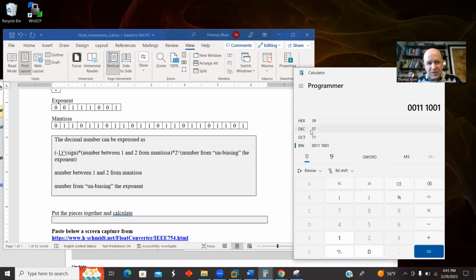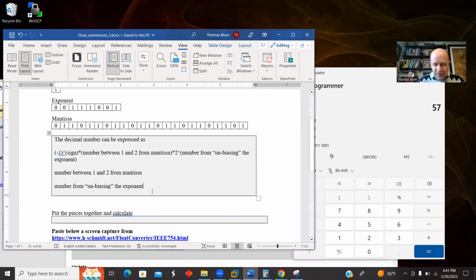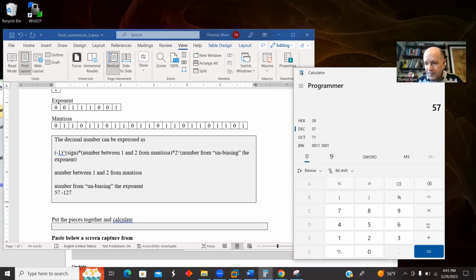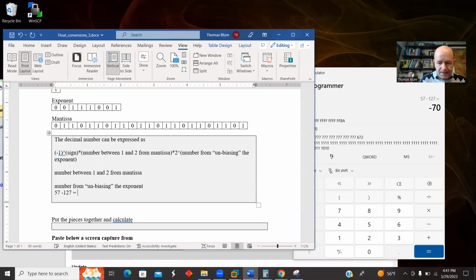Okay, so that was 57. I'm taking the 57, and then I'm going to unbias it. I'm going to subtract 127. And that's going to be -70. And that's going to be my power of 2 when I'm ready to put all the parts together at the end.